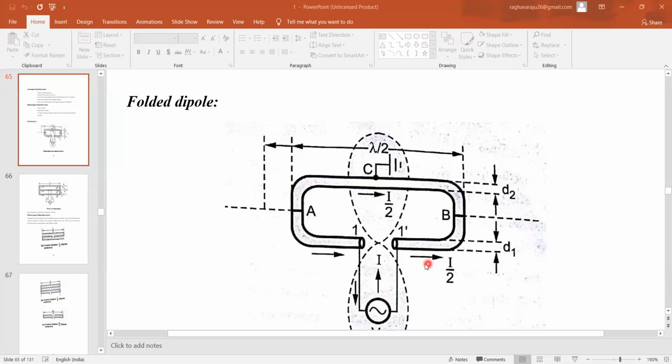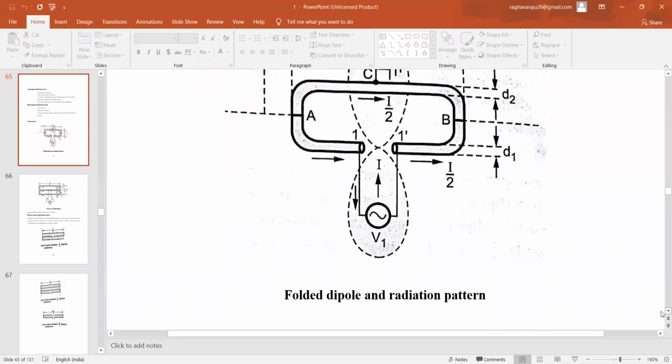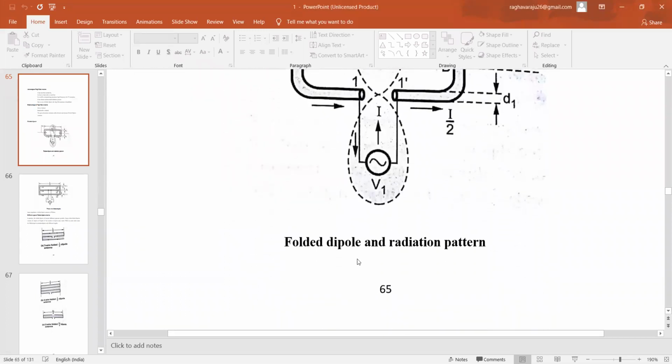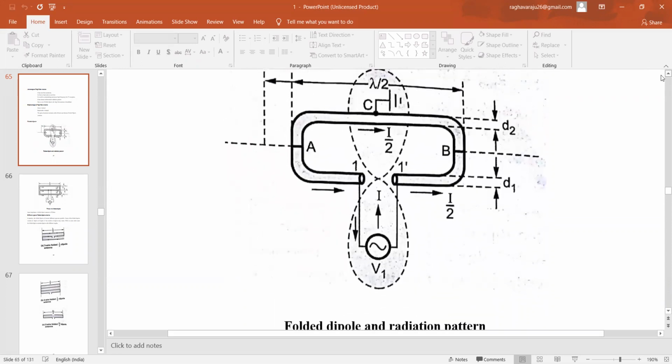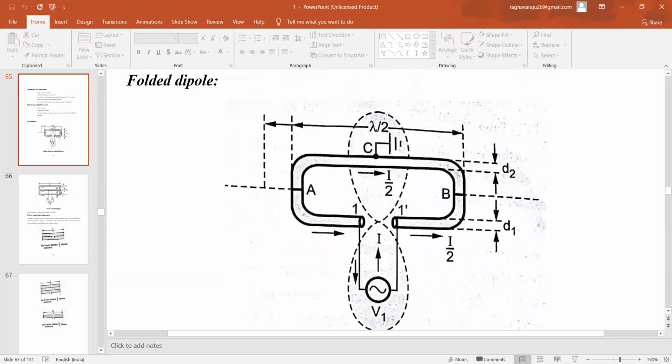Therefore, their ends are properly biased to the respective ends. So this is the radiation pattern.